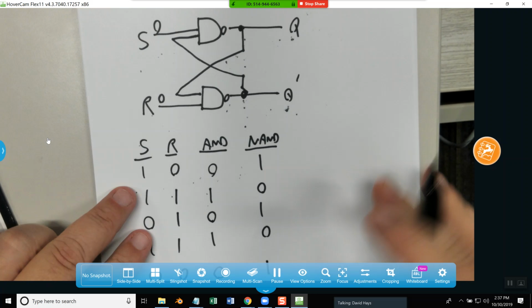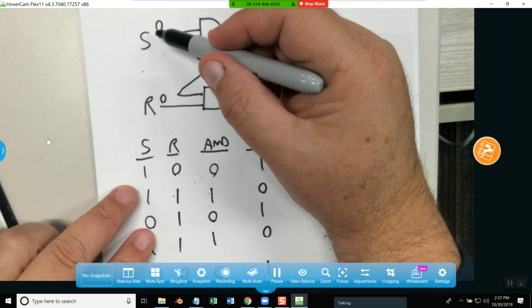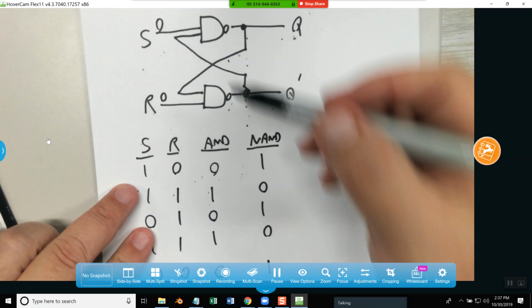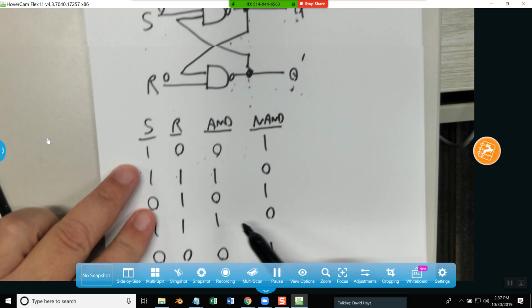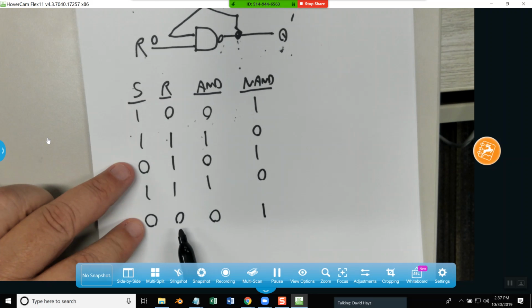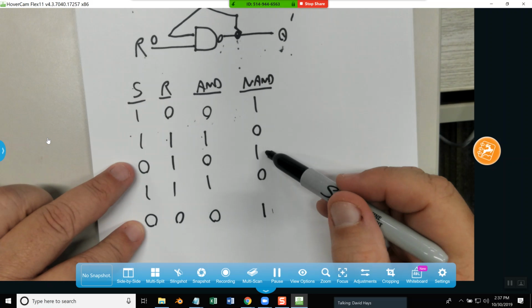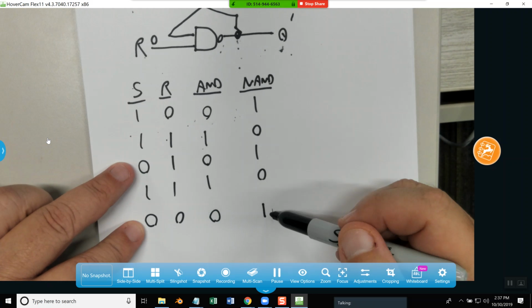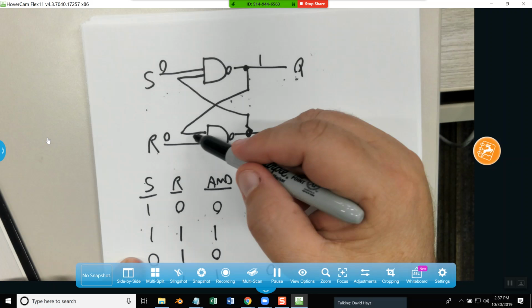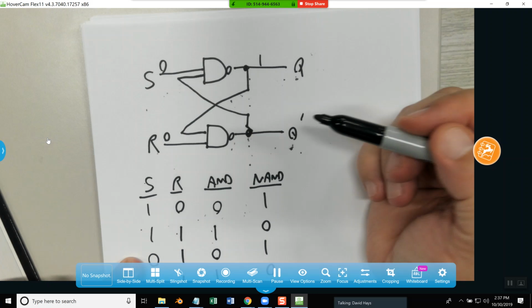That's coming back around. And 1 and 0 is 0, and then that gives me a 1. And that's coming back around. Okay, so it continues that same process. So Q and Q prime should both be 1s. Oh, that's our forbidden state. 0, 0 is forbidden.